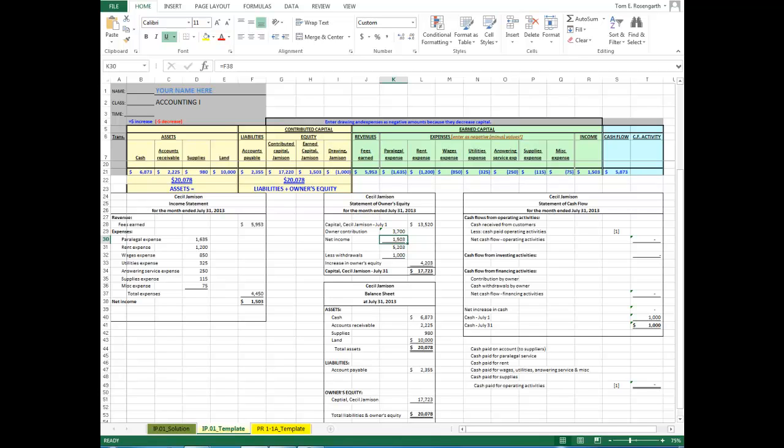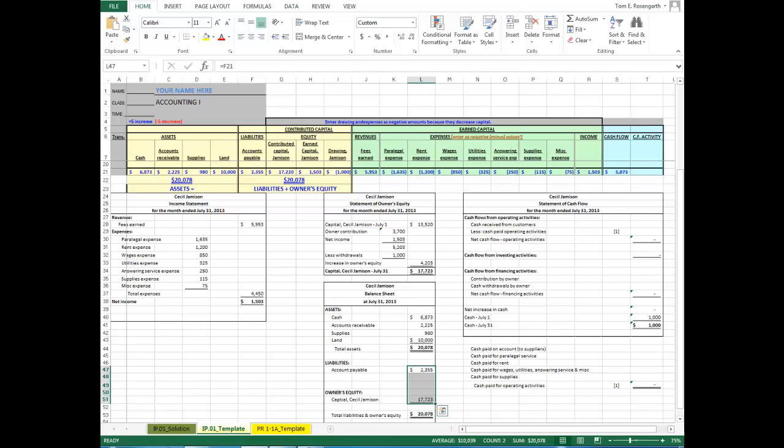And then for the liability side, we will bring down the $2,355, and we already have the balance from owner's equity, $17,723. The total of the liabilities and owner's equity amounts to the same total as the total assets, $20,078. Okay, there you have it.